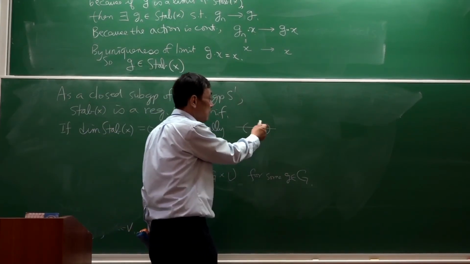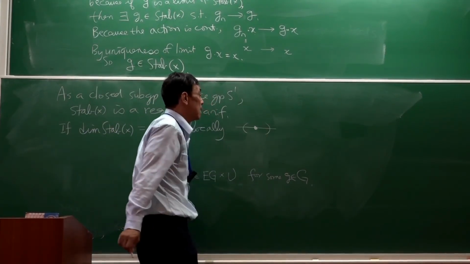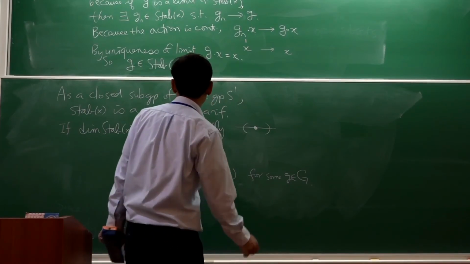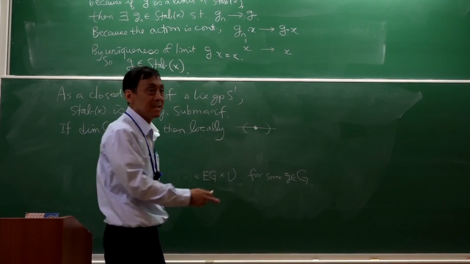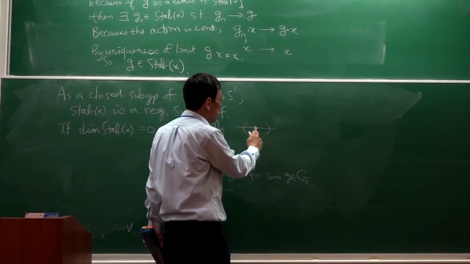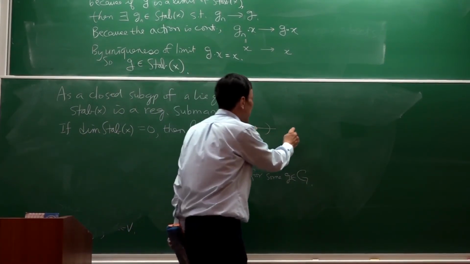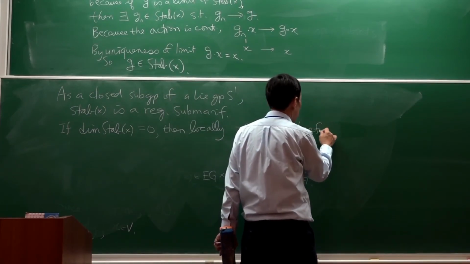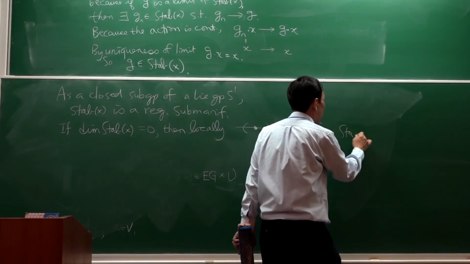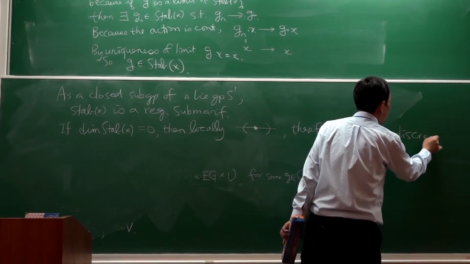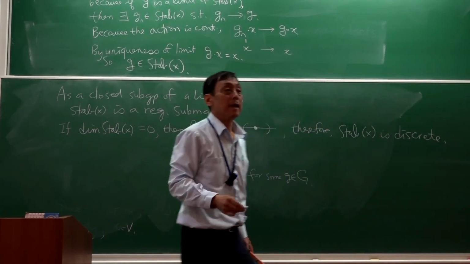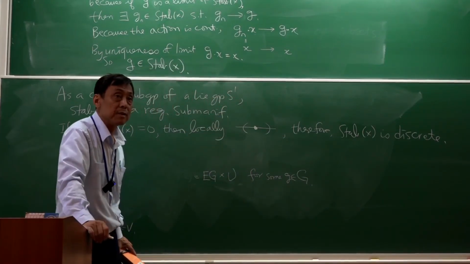It's a submanifold of dimension 0 in a manifold of dimension 1, the circle. So locally it looks like that. Therefore, it is discrete, and that means the action is locally free.